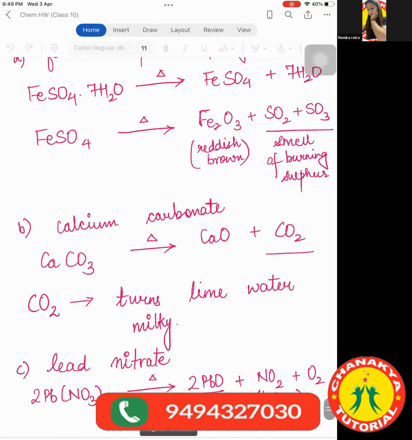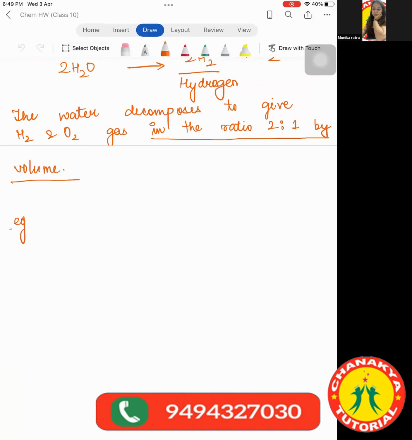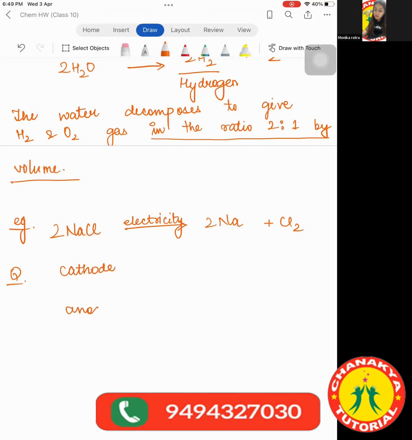Fine, children. So next example is the breaking down of NaCl in the presence of electricity. It leads to the formation of Na and Cl2 gas. Now, what is the importance of this reaction? Again, the question which comes is, what comes at the cathode and what comes at the anode?